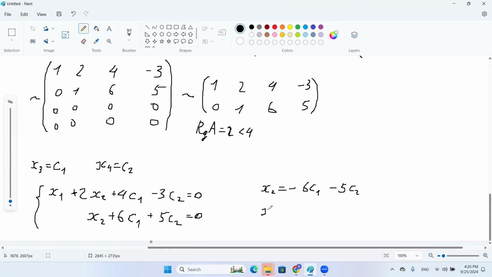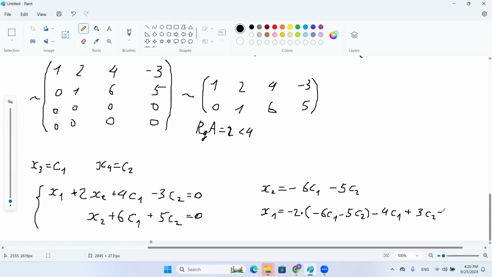And x1 equals minus 2, let's substitute: minus 6c1 minus 5c2 minus 4c1 plus 3c2.